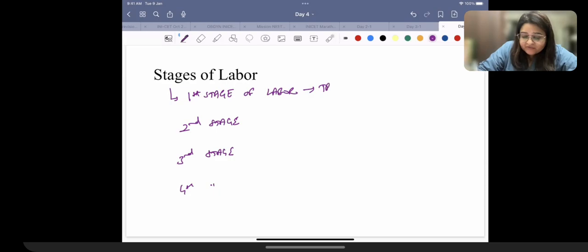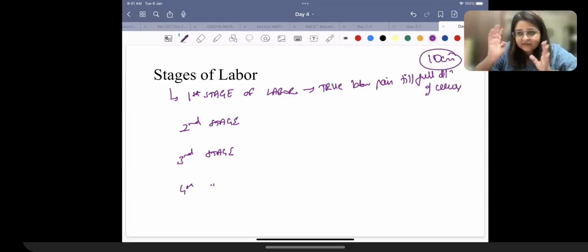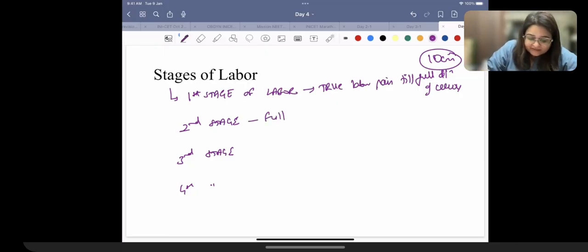First stage of labor is from the onset of true labor pains till full dilatation of the cervix. And what is full dilatation of the cervix? It is 10 centimeters. That is, the BPD is 9.5, so the cervix has to open up that much for the head to come out. Second stage is from full dilatation to delivery of the baby.